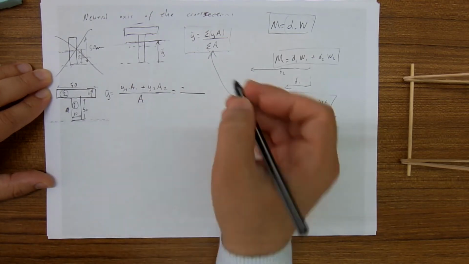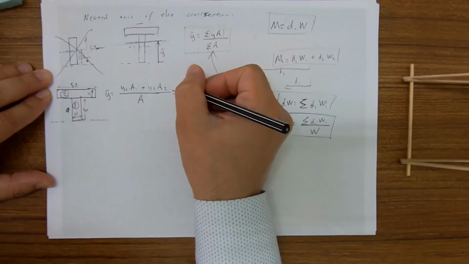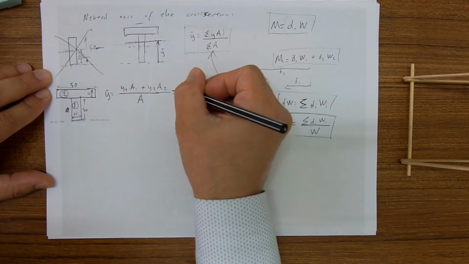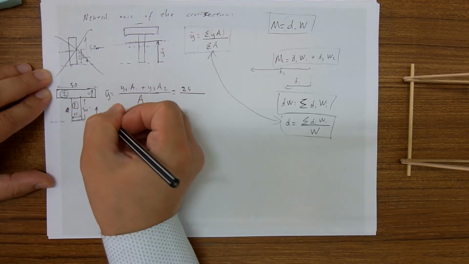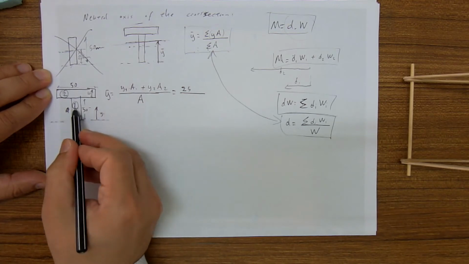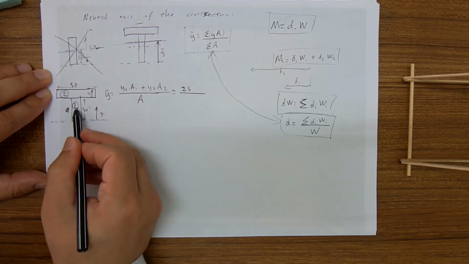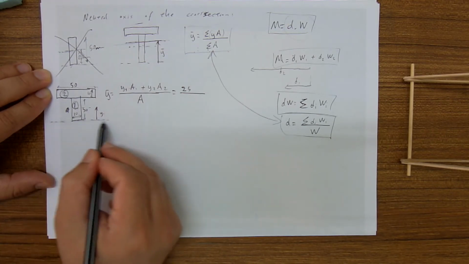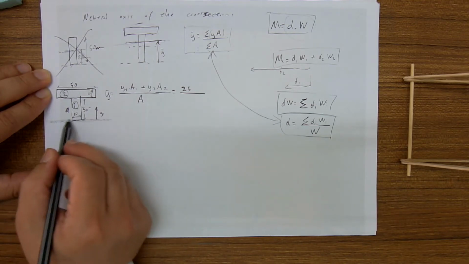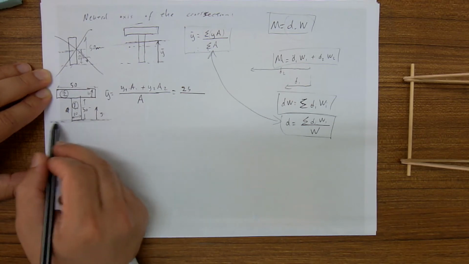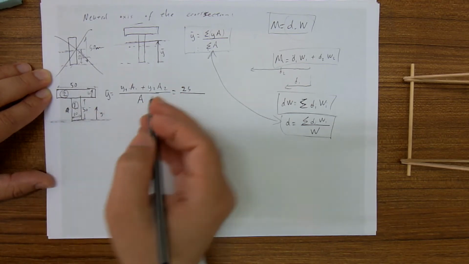We will convert it into meters later on. So y1 is 25. This is y1, the distance from the centroid of the rectangle to the line of interest. This is my line of interest, and I chose it. Usually it is chosen at the bottom of the shape.